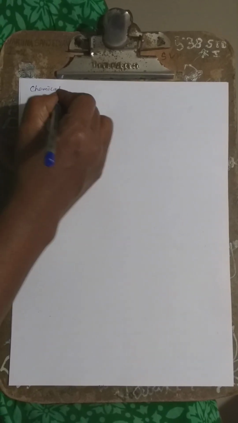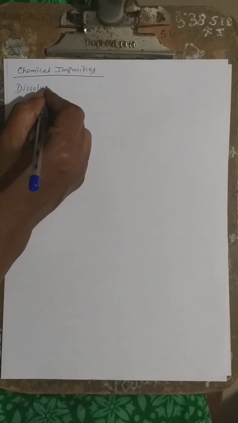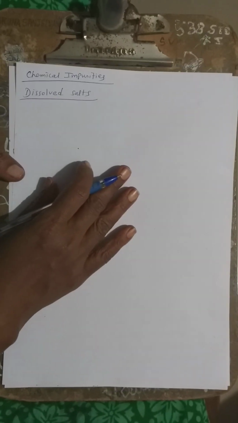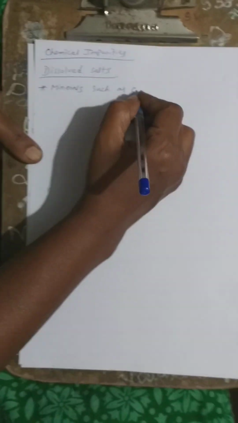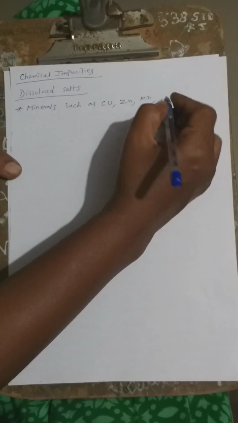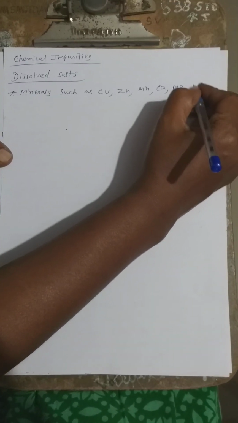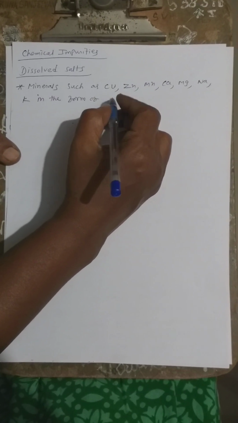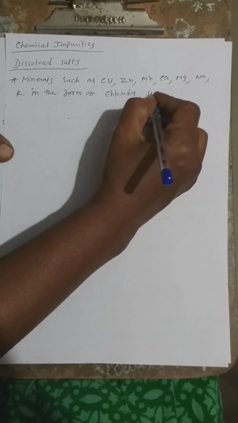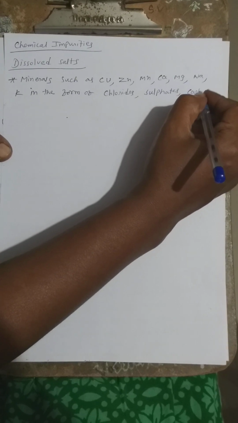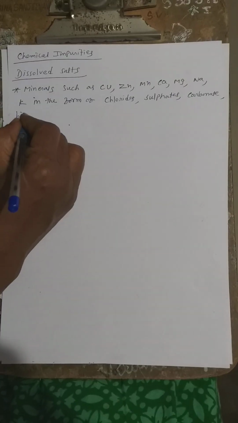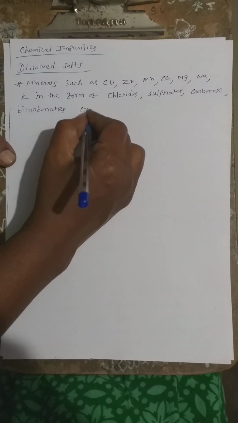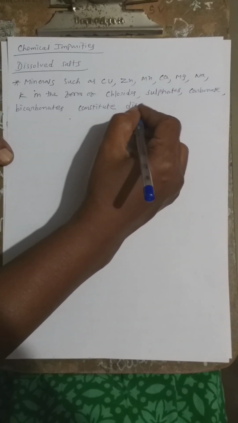Chemical impurities, dissolved salts, minerals such as copper, zinc, manganese, calcium, magnesium, sodium, potassium in the form of chlorides, sulfates, carbonates, bicarbonates constitute dissolved salts.